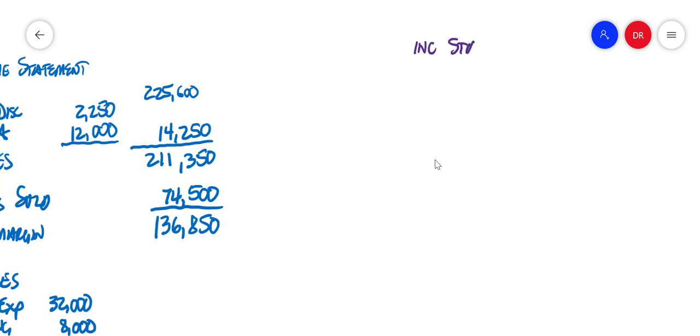We're going to start with net sales, which is this number right here, 211,350.